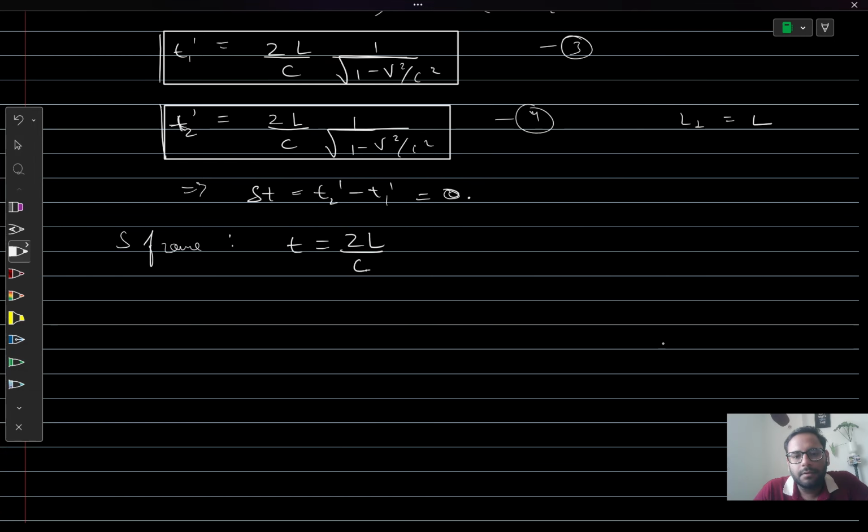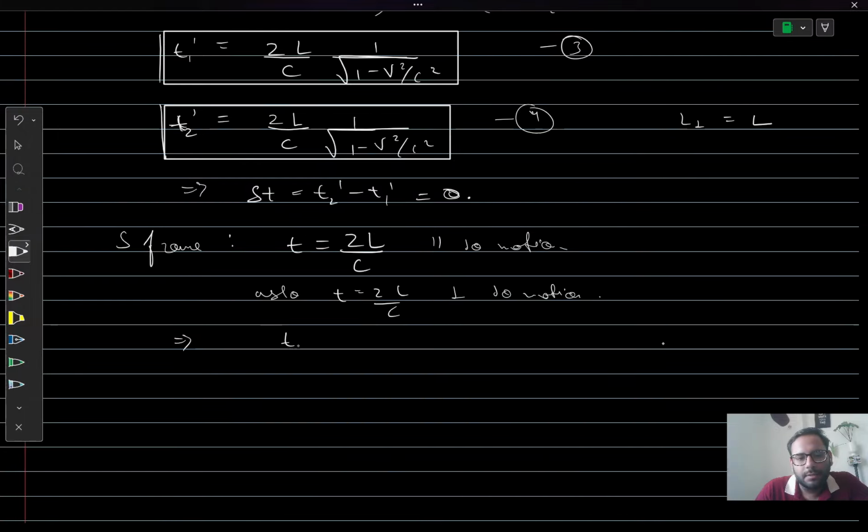It is the same parallel to the motion, and also the same perpendicular to the motion. This is the same thing.